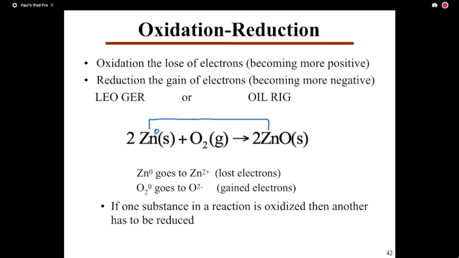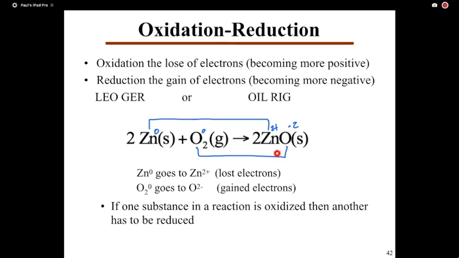In the product, what is the oxidation number of zinc? +2. So, down here, I have two other things, oxygen to oxygen. In the beginning case, this is 0. In the ending case, oxygen is a what? -2.